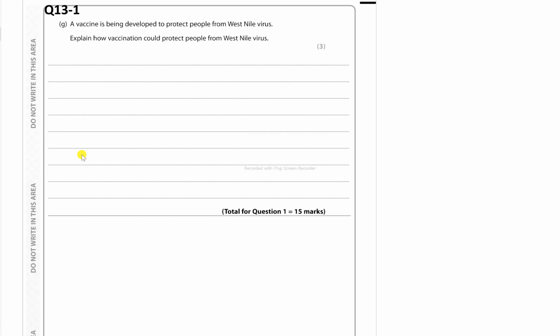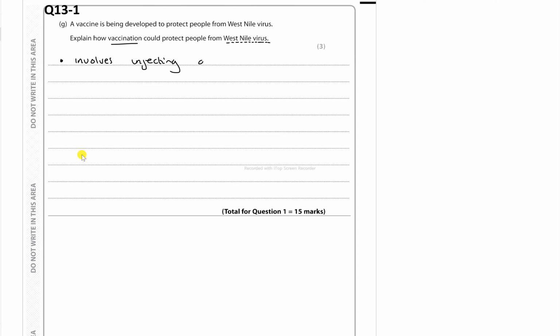Explain how vaccination can protect people from the West Nile virus. So, okay, what happens when you get vaccinated? Vaccination involves injecting what?